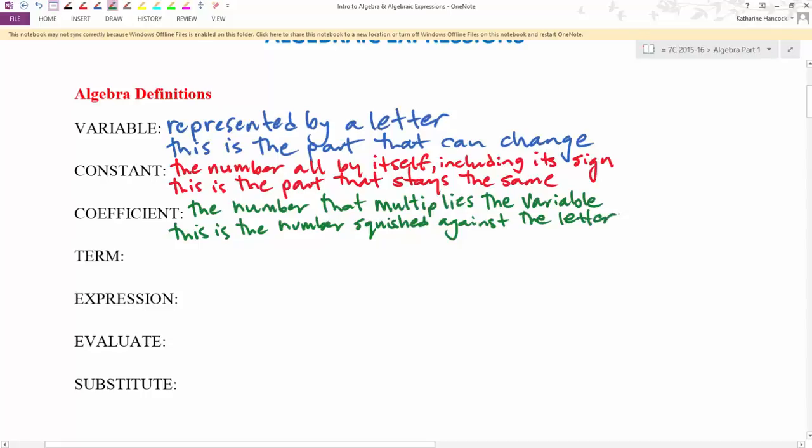Okay, so if you had 2x, the coefficient would be that number 2. It's the number squished up against the letter because remember, squished together means multiply.